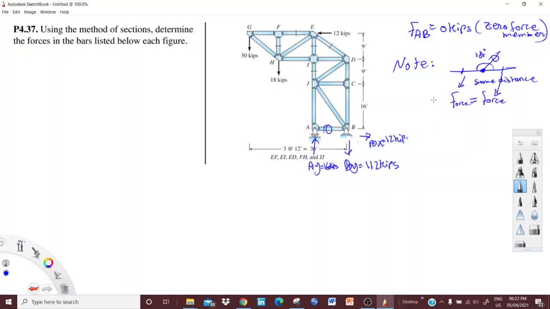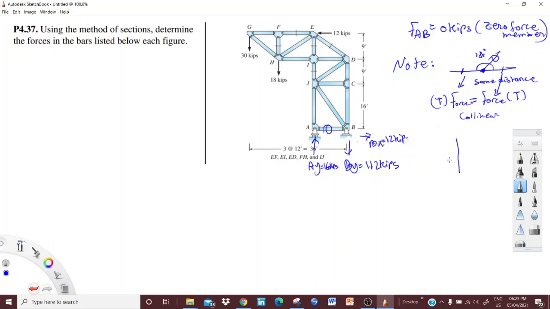So if this one is in tension, therefore this will be in tension. Since this is collinear, this is equal to this, therefore this force is equal to this, so we don't need to find the other force.